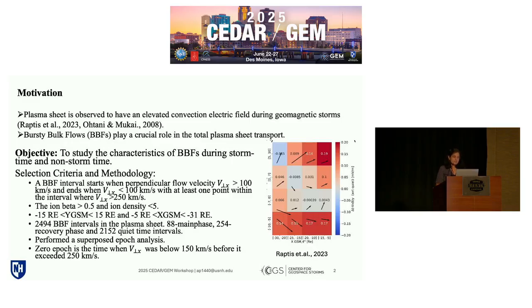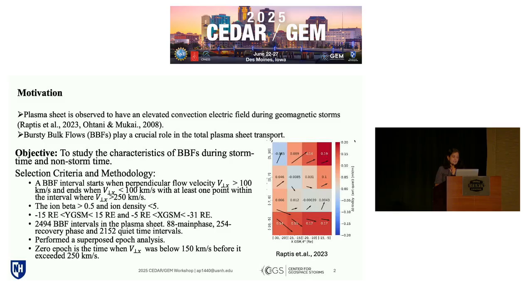And to select a BBF interval, we used a couple of criteria that are shown here. For an interval to be qualified as a BBF interval, we required that the perpendicular flow velocity, which is the x component of velocity perpendicular to the local magnetic field, be greater than 100 km per second throughout the interval. And there should be at least one point within this interval where V perp x is greater than 250 km per second.